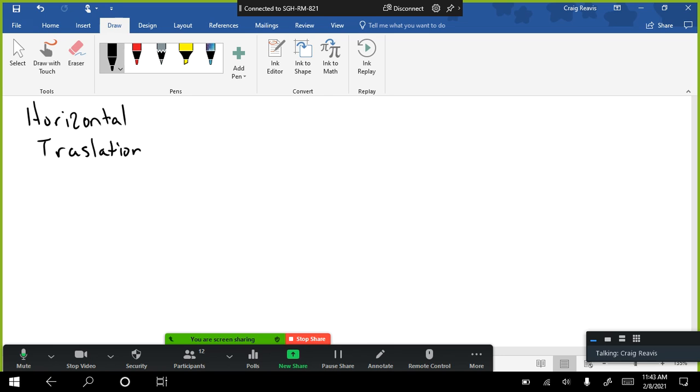That is a shift to the left or to the right. So basically what we're going to do is the start of our graph, instead of being 0, is going to be shifted to the left or it's going to be shifted to the right. Okay?